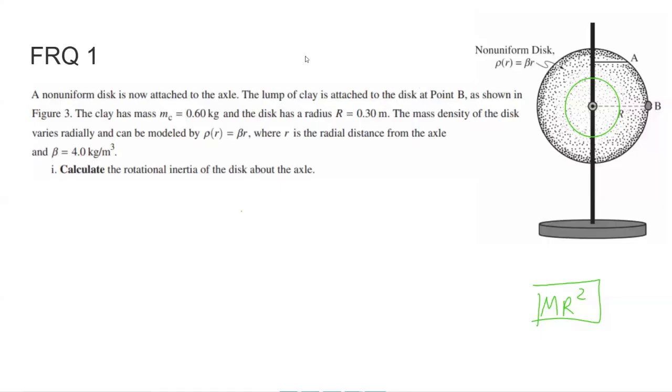Now, since I'm breaking up my disk into an infinite number of rings, each of those rings has infinitesimal mass, which again, we will call dm. And as we've seen, the moment of inertia of a ring is MR squared. And so coincidentally, we are still using the formulation r squared dm for our individual infinitesimal moments of inertia.